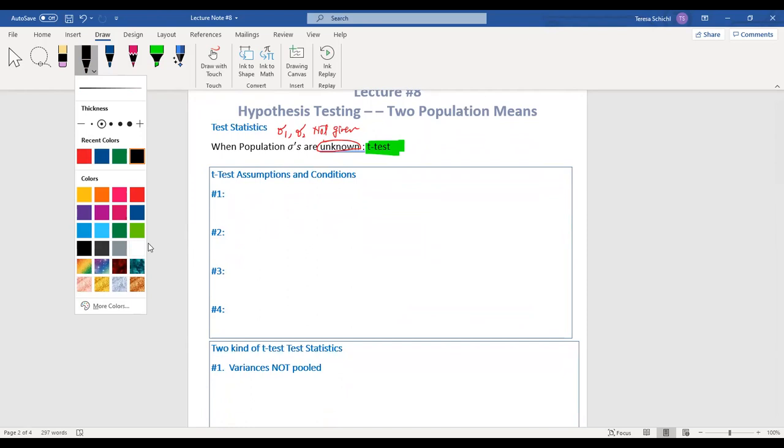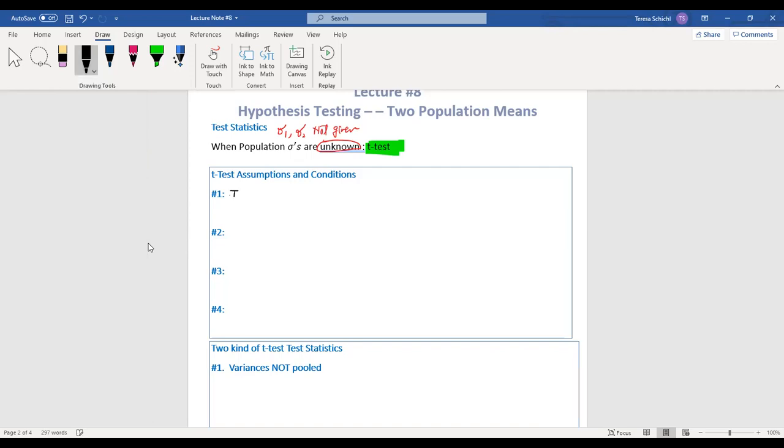The first thing we need to know is the independence assumption. So what is the independence assumption? That means when you take the two samples, because we have two populations, the units, the elements inside each sample, have to be independent of each other.